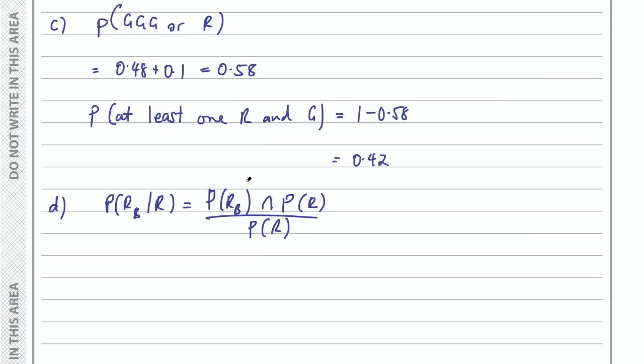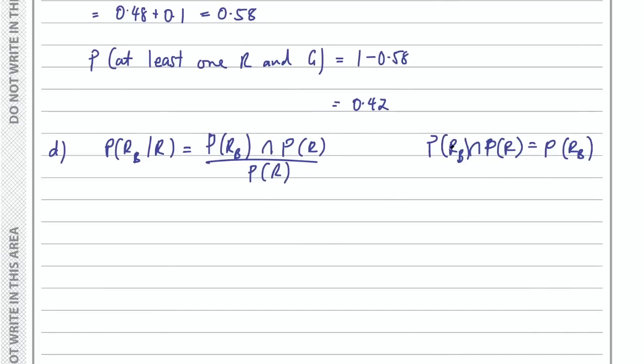Now we can interpret this numerator a little bit, because if it's red already, the intersection is going to be equal to the probability of the red marble from bag B.